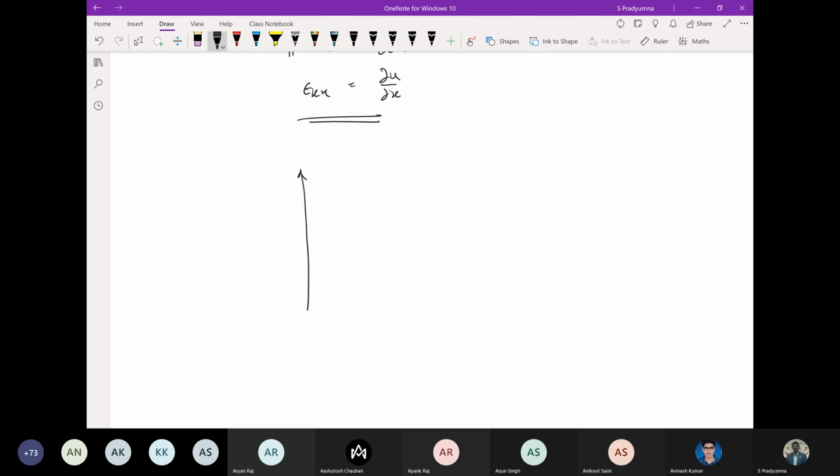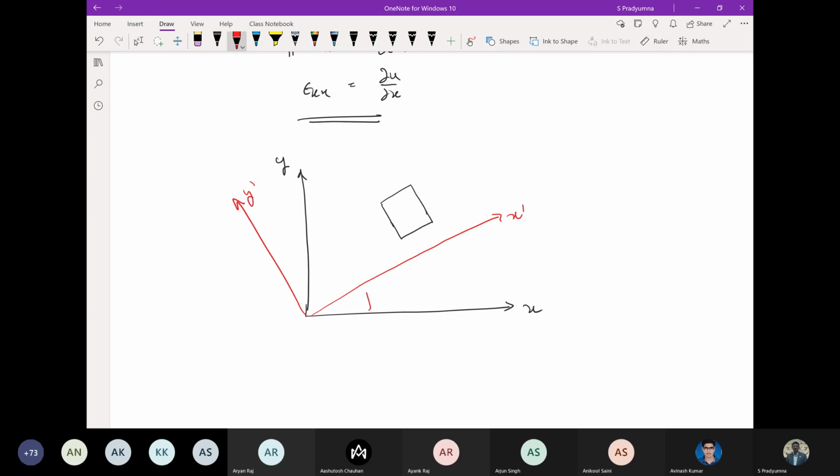So let me consider this is the x direction, y direction. I have one particular element like this. Now this is with respect to the directions x dash and y dash. I am not writing capital X, small y, just to avoid confusion. This is the angle theta.